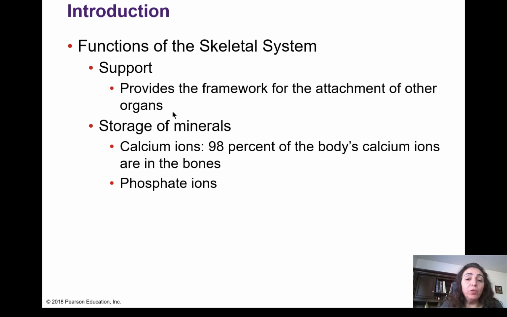So the functions of the skeletal system as a system begin with support, and there are more in the next slide. Regarding the support, it provides the framework for the attachment of other organs. These are the deepest structures of the human body, right?